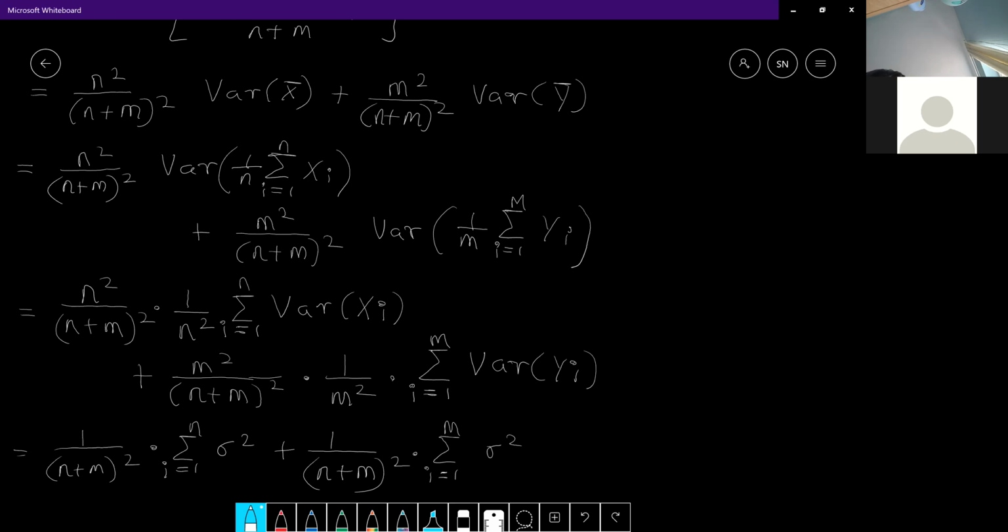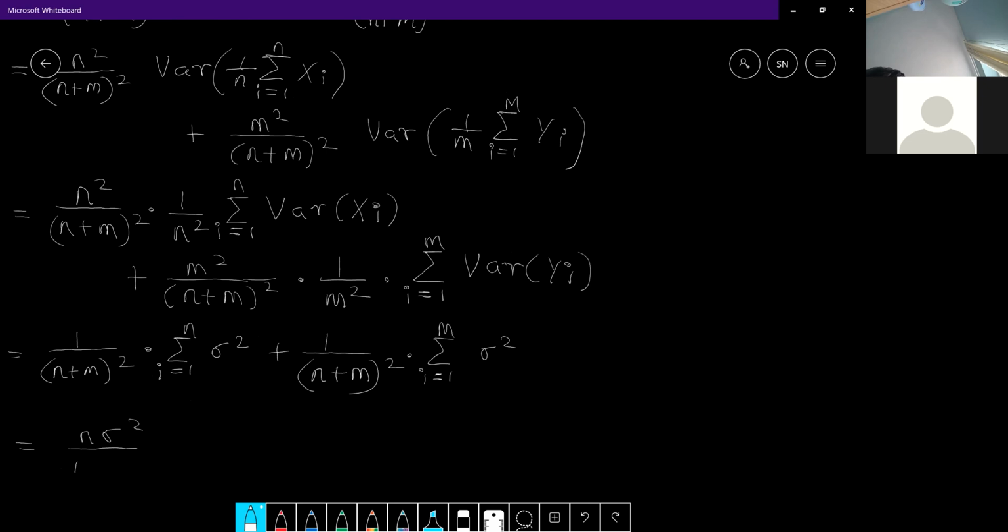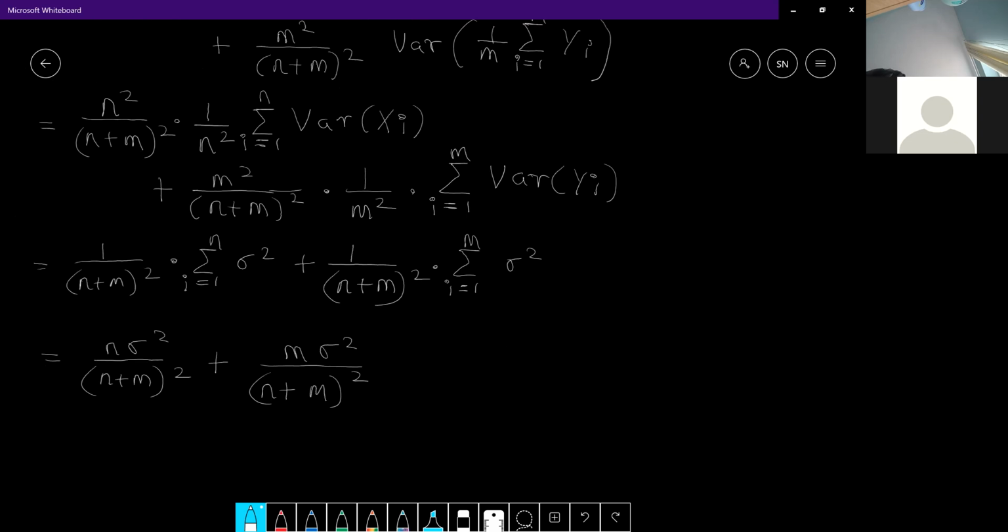Okay, this is what you get, and this will become equal to n sigma squared divided by (n plus m) squared, then m sigma squared divided by (n plus m) squared. Okay, and if you simplify this further, you get sigma squared divided by n plus m.